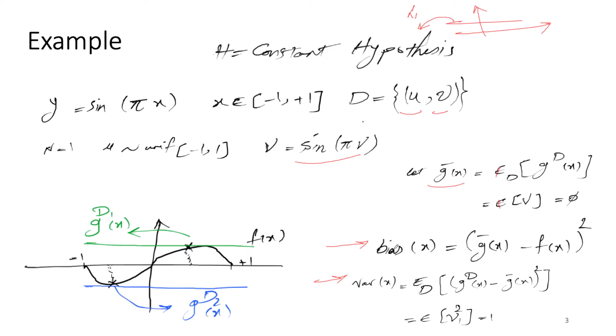So bias was the difference between your g bar and the real function f of x raised to 2, and the variance was the expected value of g_D of x minus g bar of x, right?